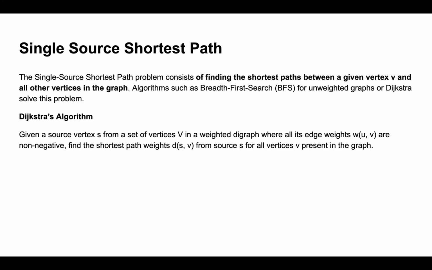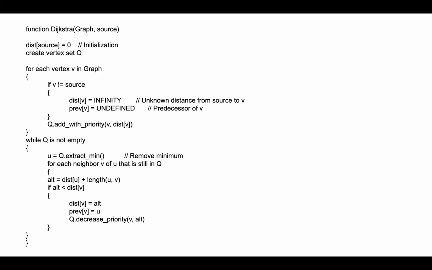Okay. D of (S, V) means we have to calculate the distance or shortest path, giving the weights, from source to destination, and destination is all other vertices in the graph.